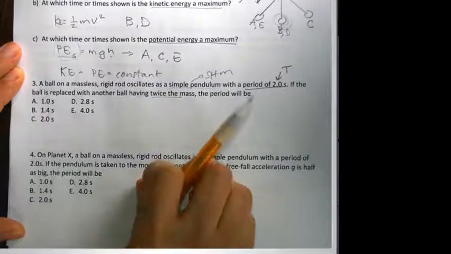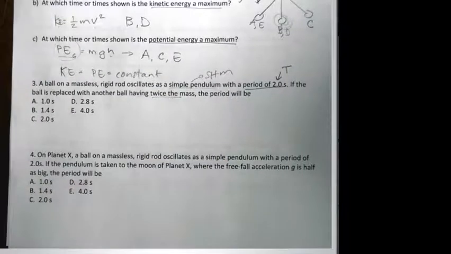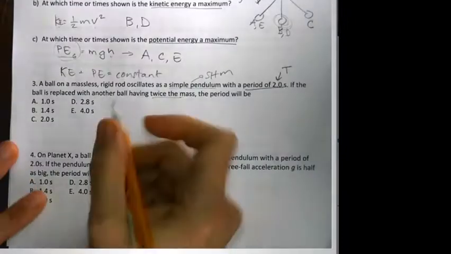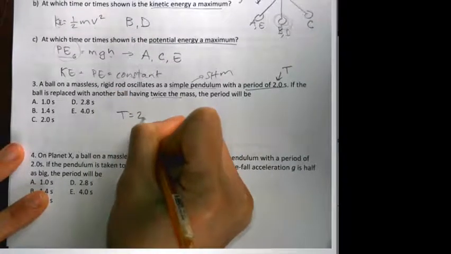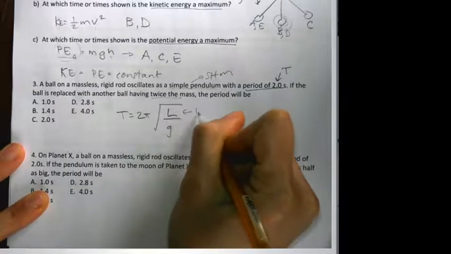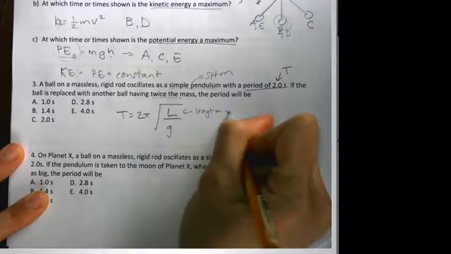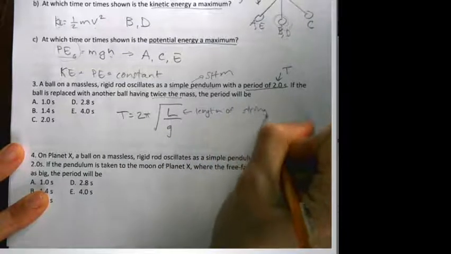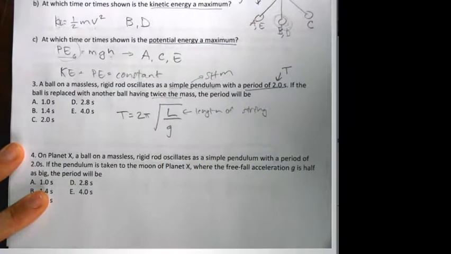So let's go find the formula for the period of a pendulum. This is my equation sheet. Pendulum is right here. So the formula for the period of a pendulum is this. So let's copy that down. That's the length of the string. And that's gravity, 9.8.